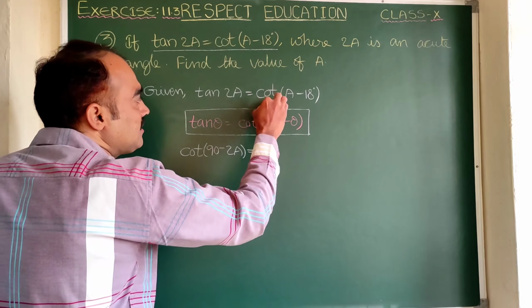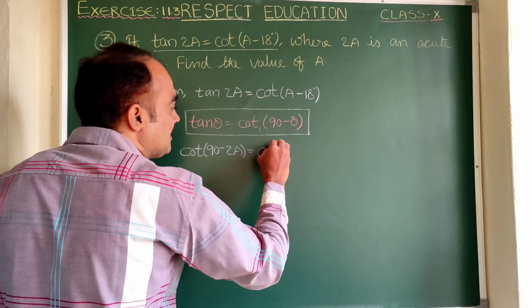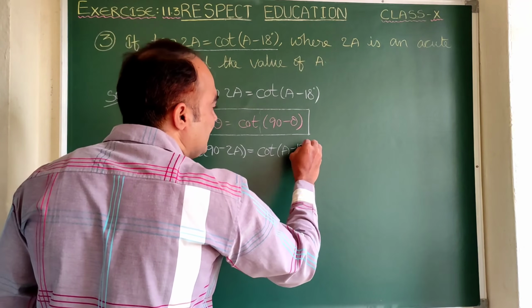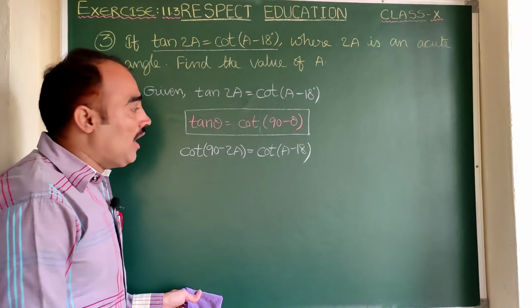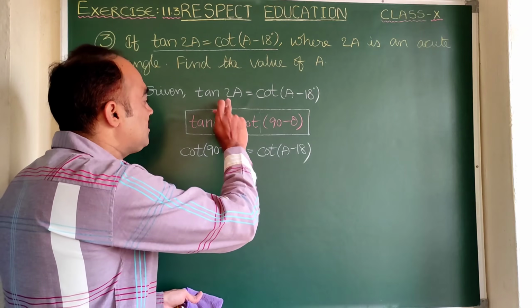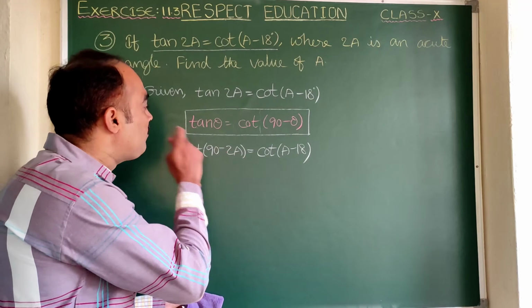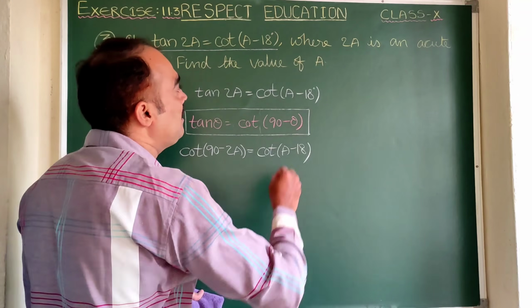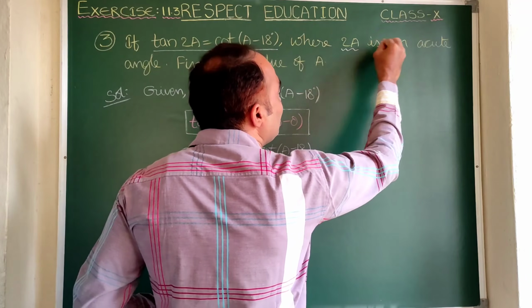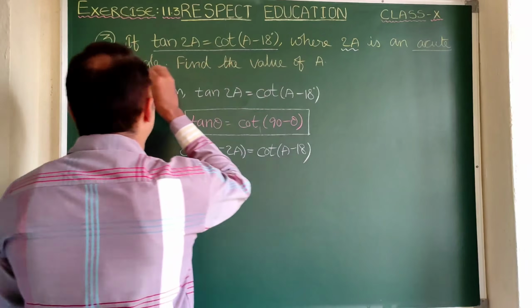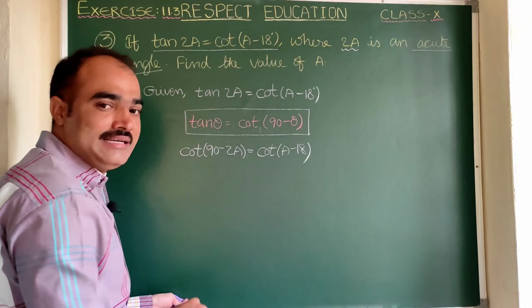Let us write cot(a minus 18) as it is; you don't change that. How can we subtract 2a from 90? Here you see the question: 2a is an acute angle, which means it is less than 90 degrees.